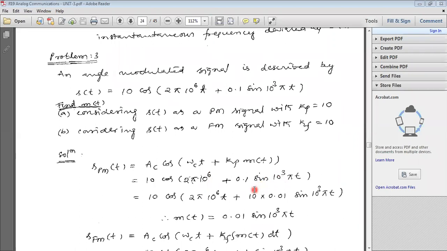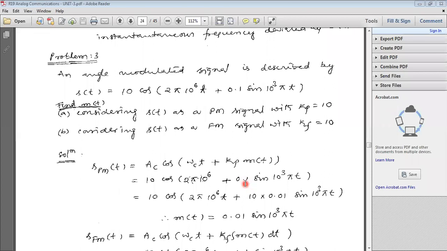In the first part he considered kp as 10, so kp is considered as 10 into the message signal.